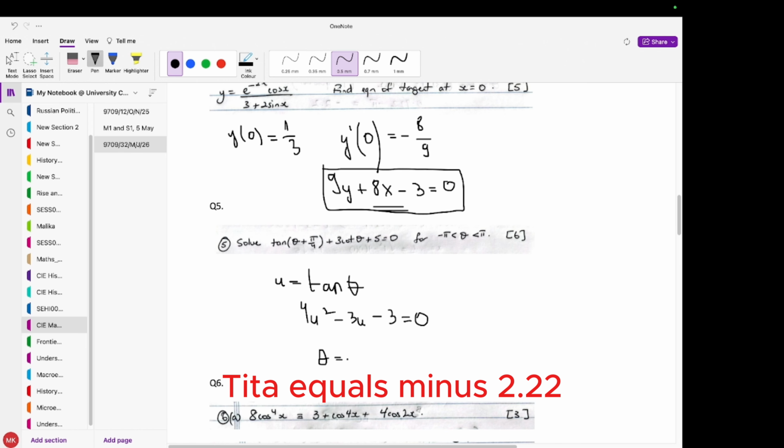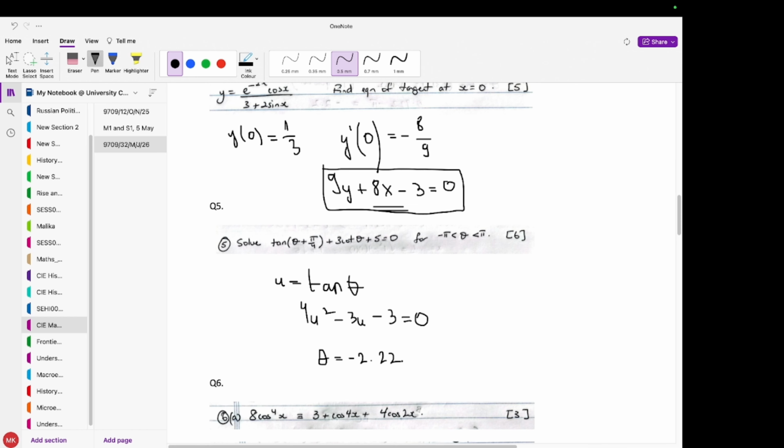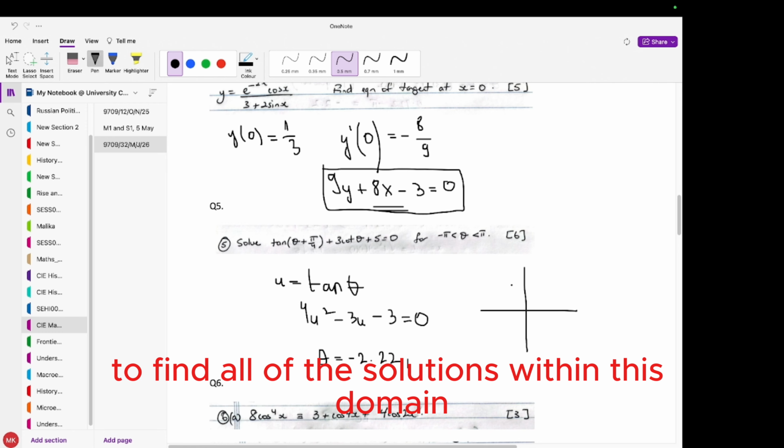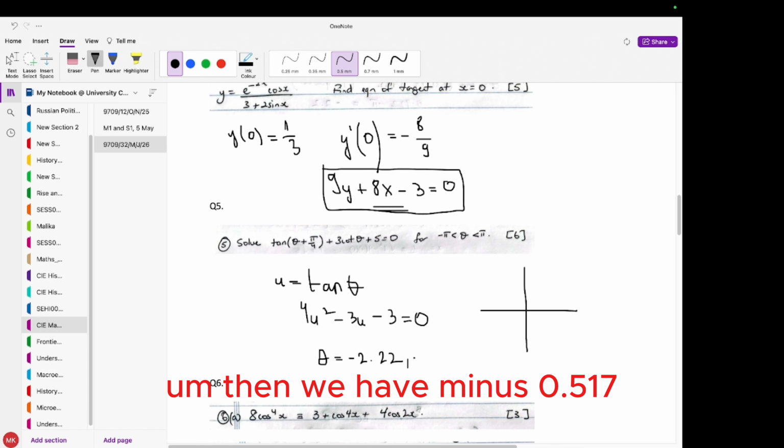Theta equals minus 2.22, so you should use the CAST diagram to find all of the solutions within this domain. Then we have minus 0.517.